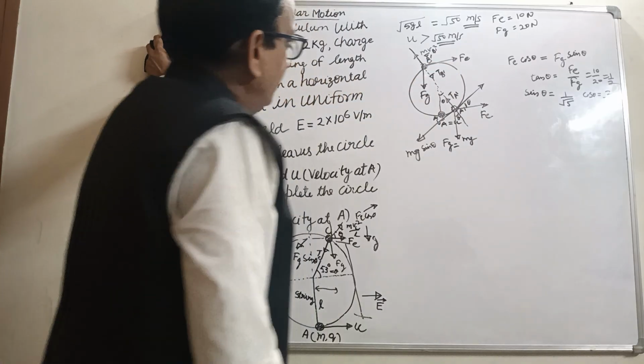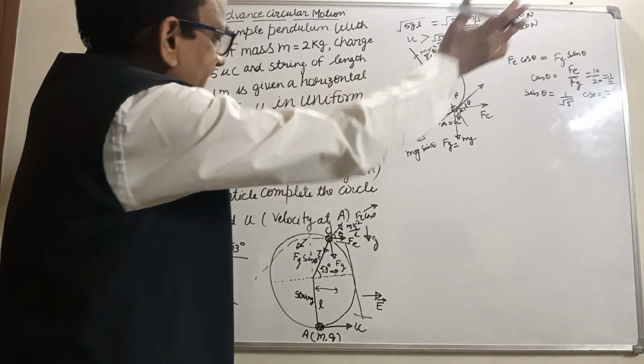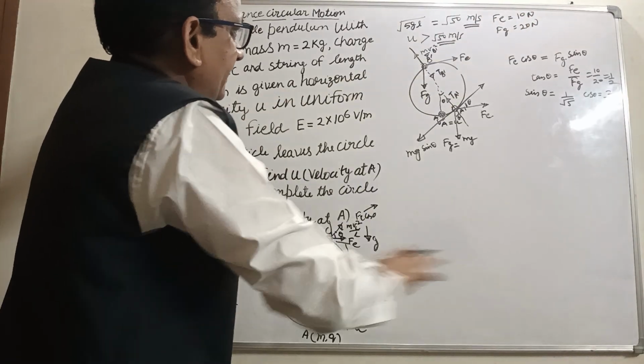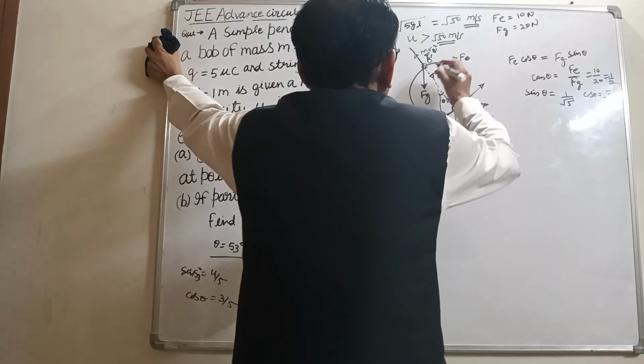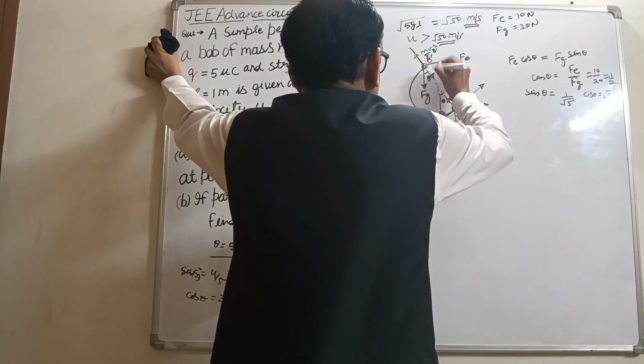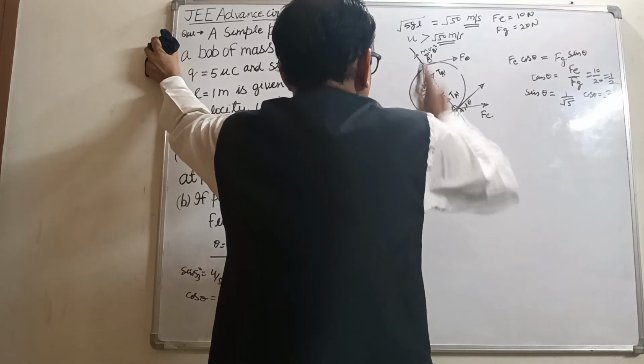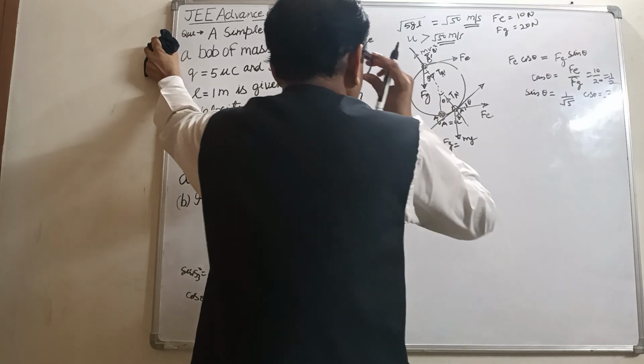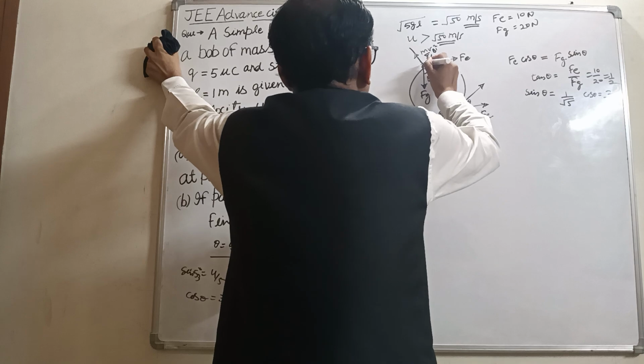So the electrostatic force is acting in this direction, and the field is in this direction. So we write this angle as theta. This angle is also theta. This is suspended from here.